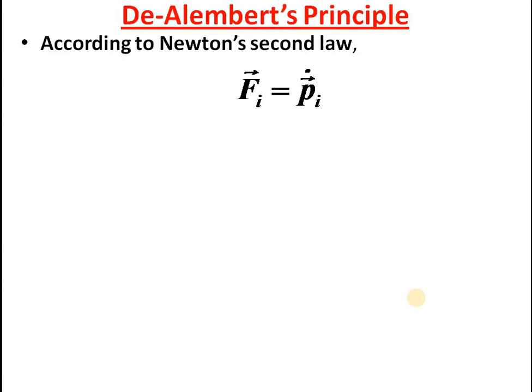According to Newton's law, you can see a little bit of elaboration of D'Alembert's principle. In Newton's law formalism, we write Fi equal to Pi dot. Pi dot indicates dp by dt, the rate of change of momentum with respect to time. So we can bring Pi dot to the left hand side.